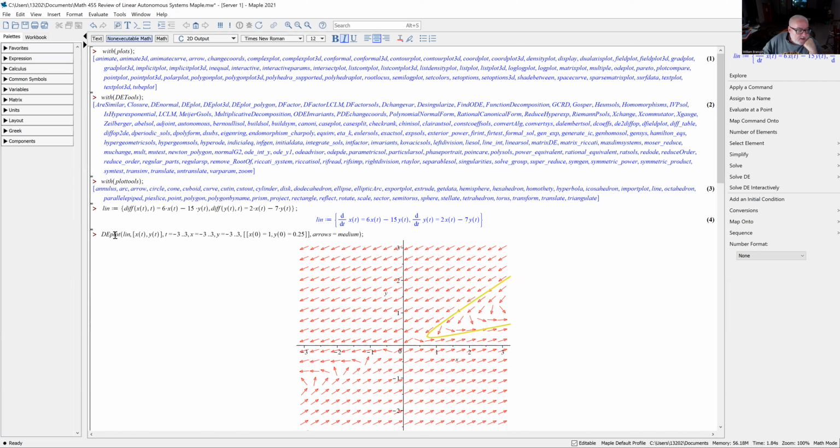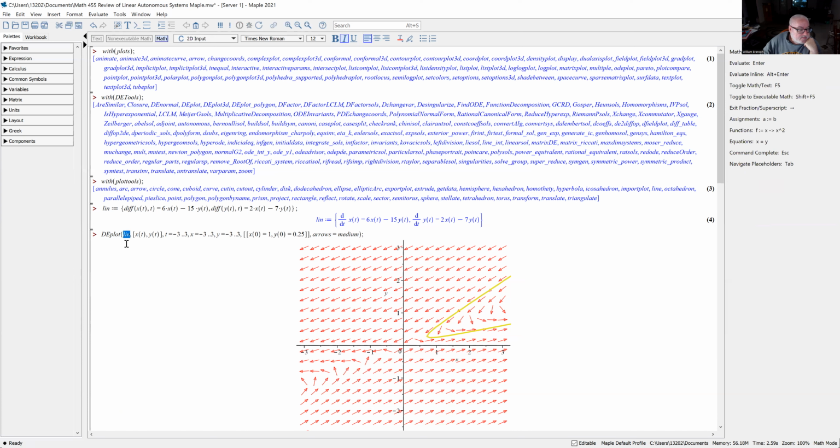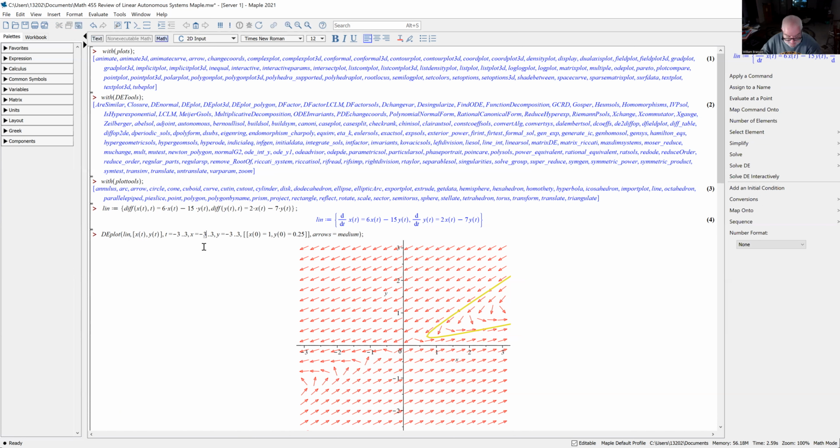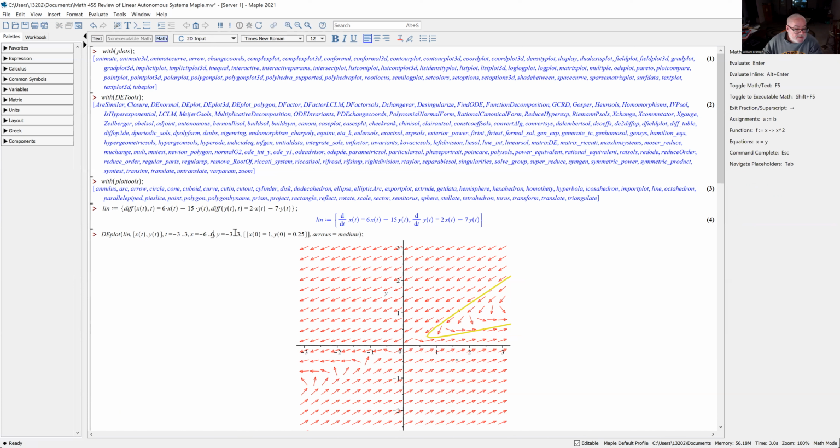So DEplot, you tell it the name of your system, which was LIN. That's the name of this particular system. And we want x(t), y(t). Those are our variables. And we set t running from -3 to 3, x running from, I actually want it to go from -6 to 6, and y going from -6 to 6.